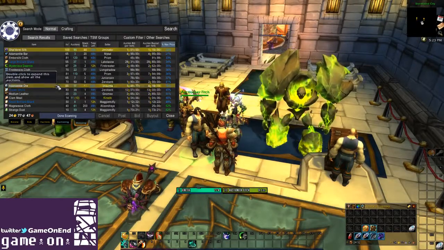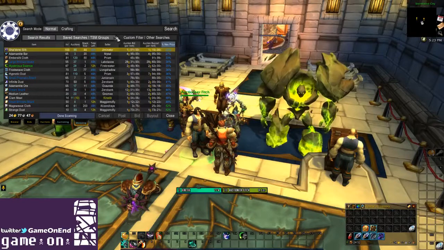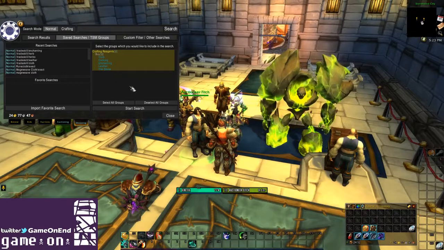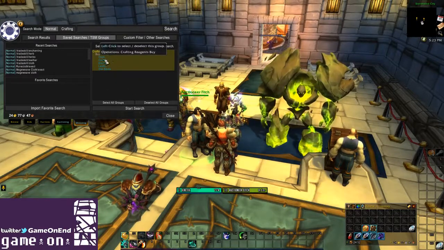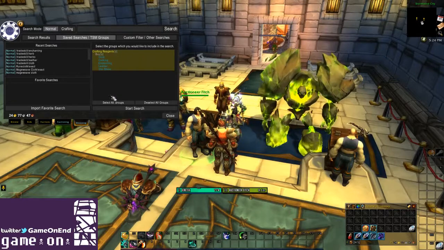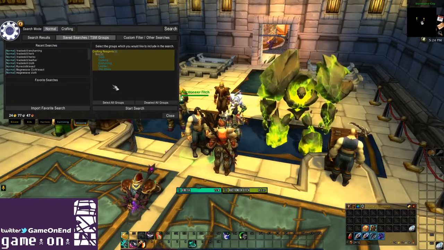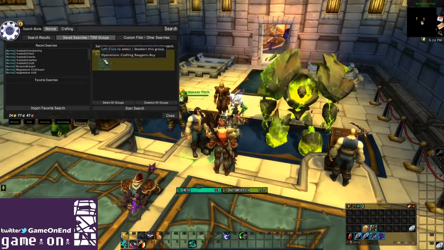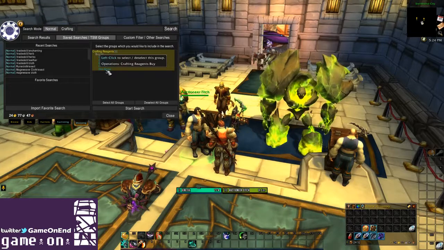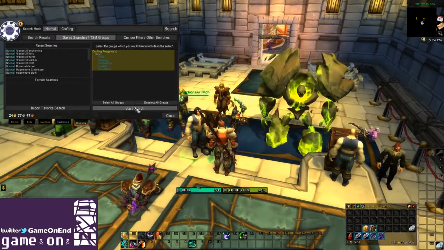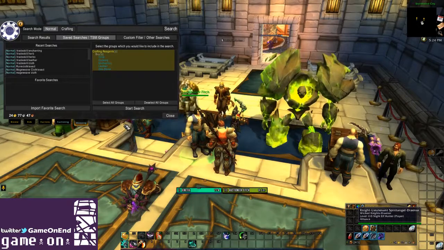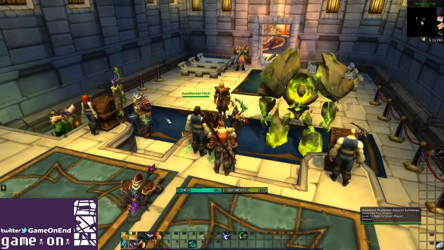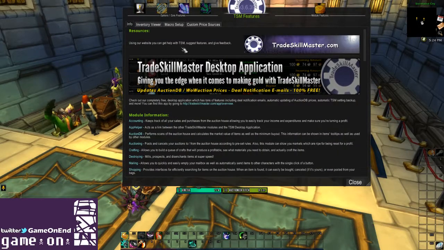And of course three is to simplify the groups that we're searching for and do one at a time. For me, I like to get the searching done in one thing and then just know that whatever shows up are things that are worth buying. Granted, I have the gold to do it. So I'd like to keep all of these things selected as I search, but I've just got too many things showing up. So let's go back and look at the price that we are looking for when we buy.